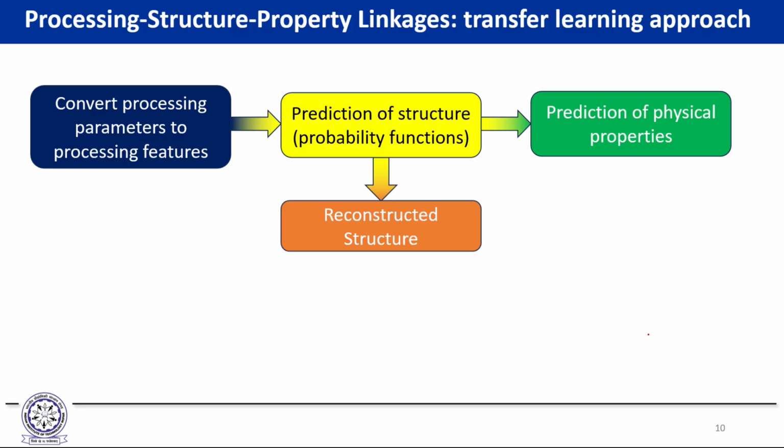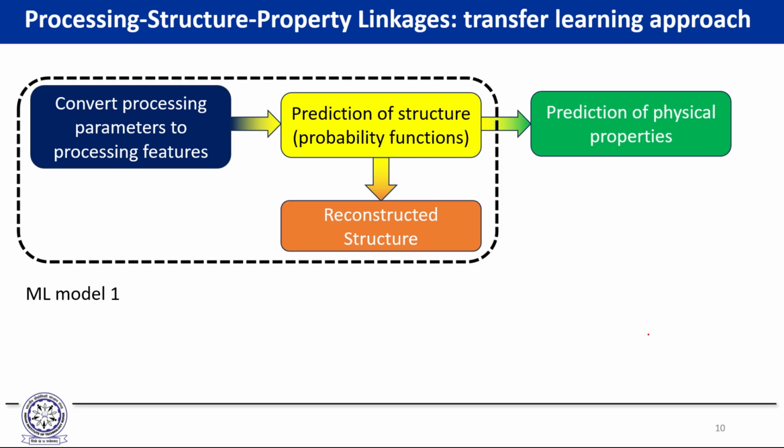If you look at this computational pipeline, on the left side, these three boxes are essentially what we were talking about when we were discussing the processing structure property. In other words, you can think that these three boxes together represent what we can call machine learning model number 1.